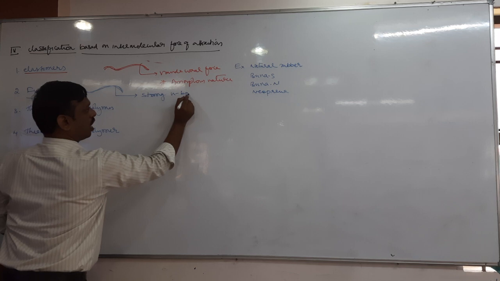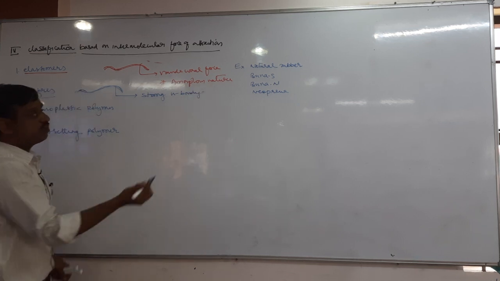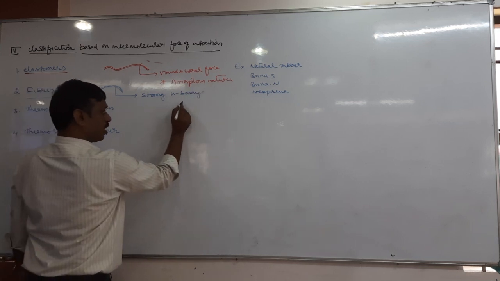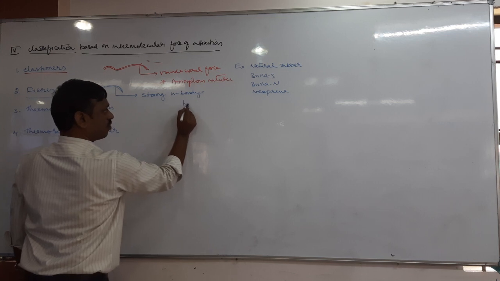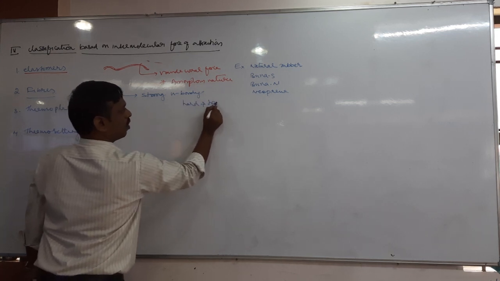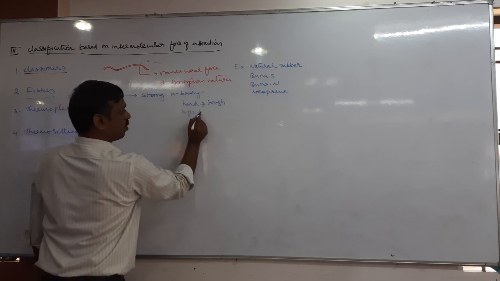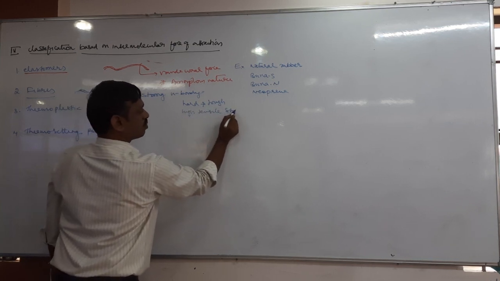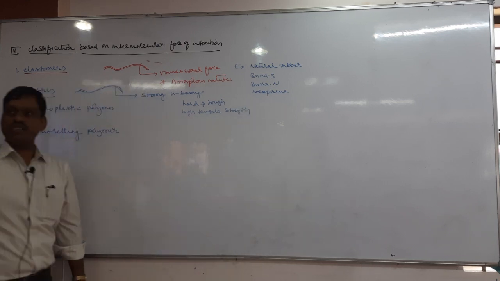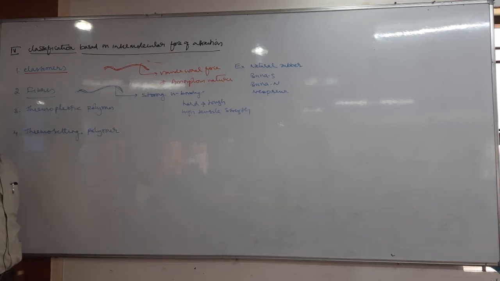So due to strong hydrogen bonding, these polymers are hard and tough and having high tensile strength. Important. These polymers have high tensile strength because of strong intermolecular force of attractions.